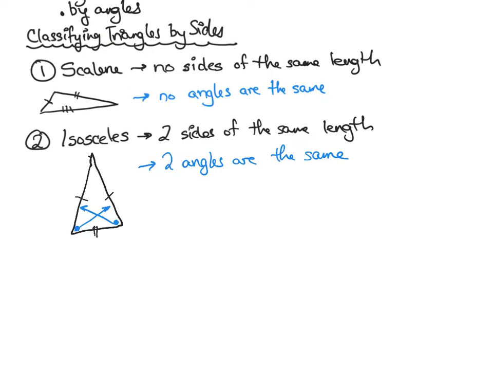The next type of classification by side, the last type, is equilateral. An equilateral triangle has all three sides of the same length.